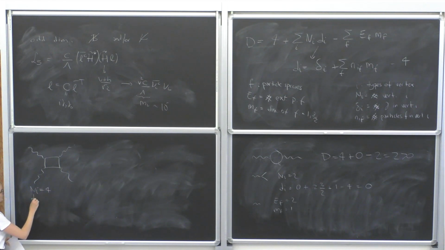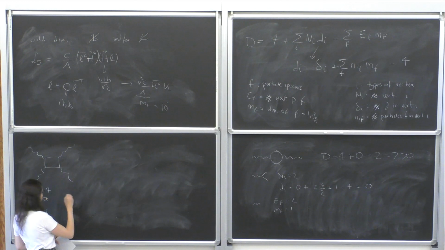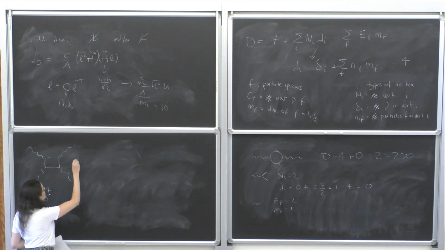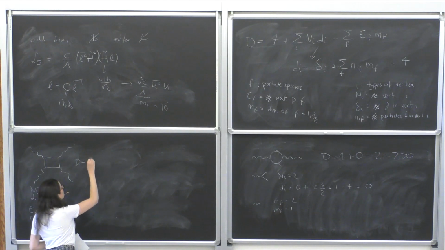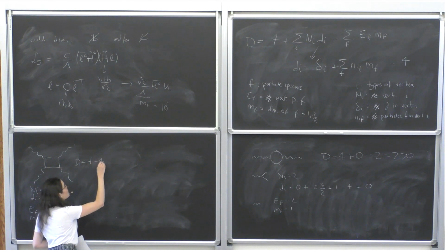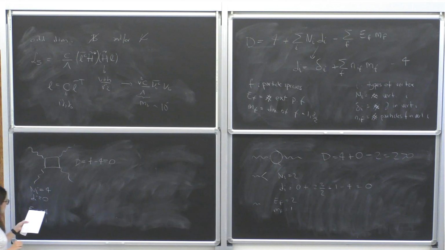Still doesn't matter because they still have dimension 0, each of them. They're all renormalizable vertices. But now we have 4 external states, each of them with dimension 1. So the degree of divergence of this diagram is going to be 4 plus 0 minus 4. So 0, so this is a logarithmically divergent diagram.